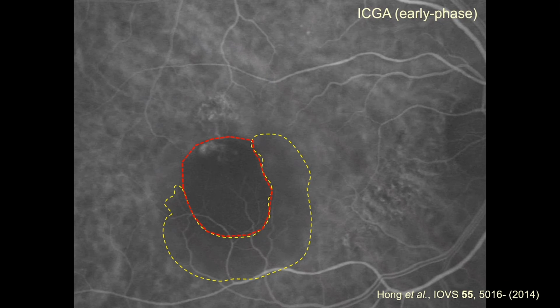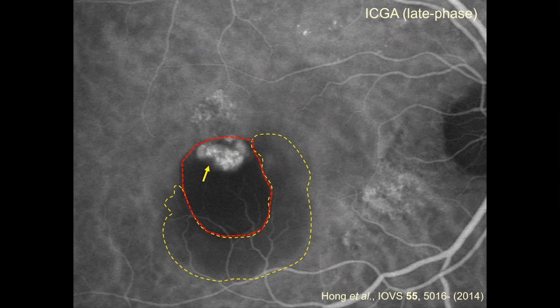Here we can see a spot of hyper ICG fluorescence. In a late phase, it becomes larger. It is actually the indicator of dye leakage. So there is a tissue abnormality.